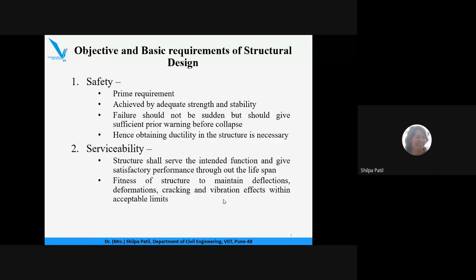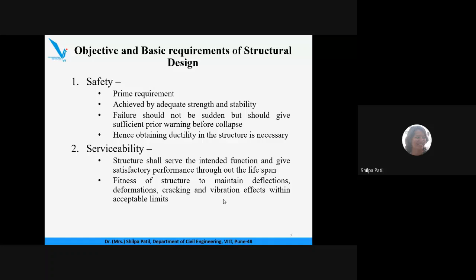You can observe that the material is failing, and we get a prior warning before the complete collapse of the member, so that the people utilizing that structure can escape and save their own lives. So to avoid loss of human life, ductility in the structure is necessary.